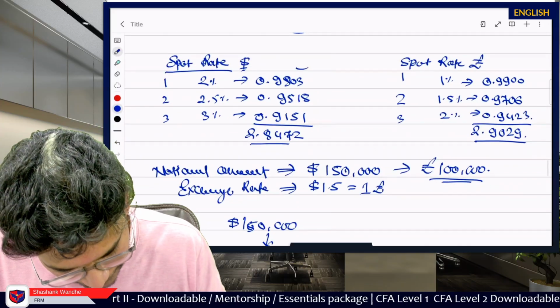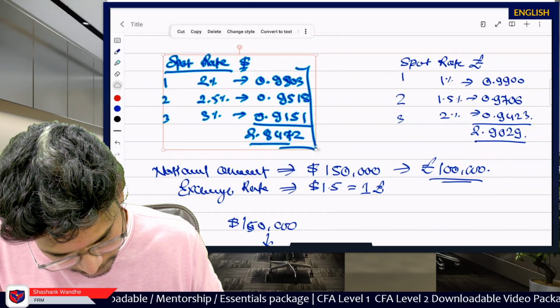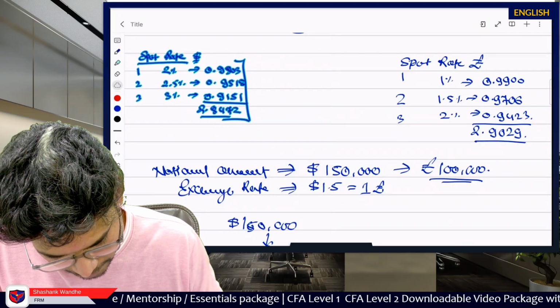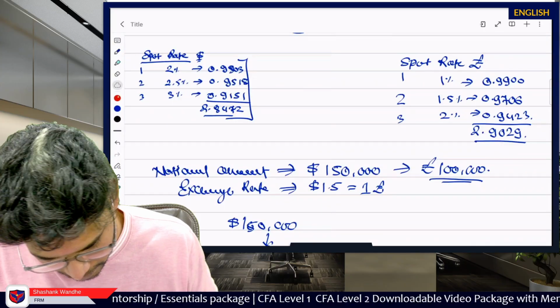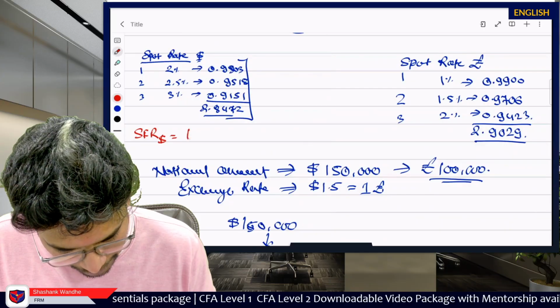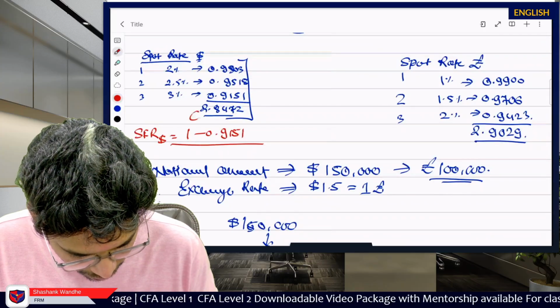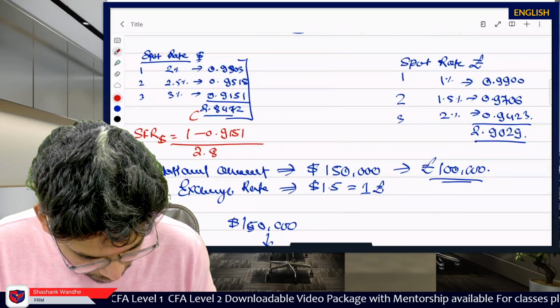So let's calculate the SFR for this particular part. I'll just minimize it. SFR dollar is equal to 1 minus 0.9151 divided by this total 2.8472.